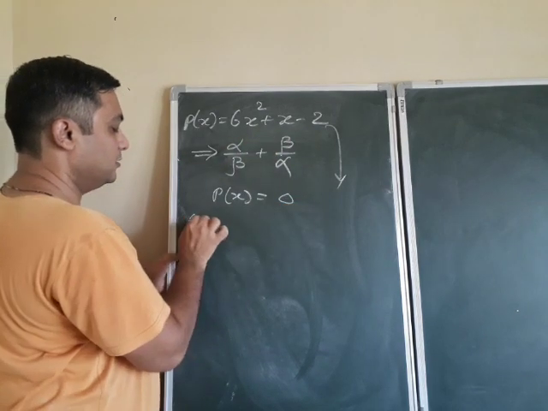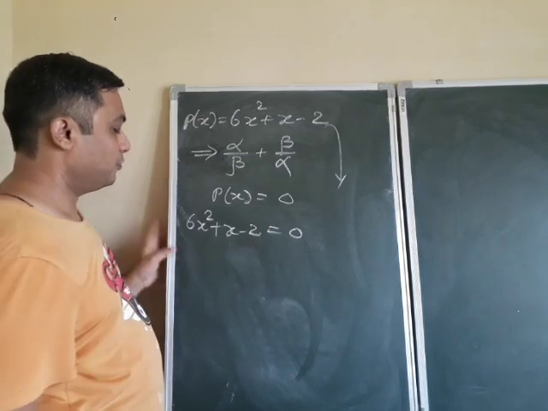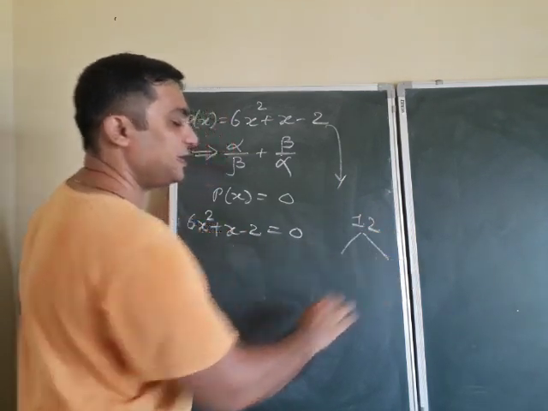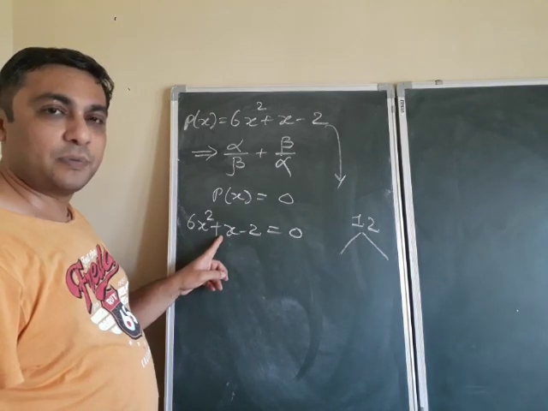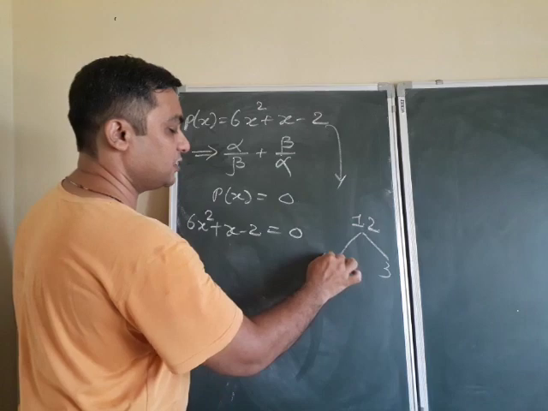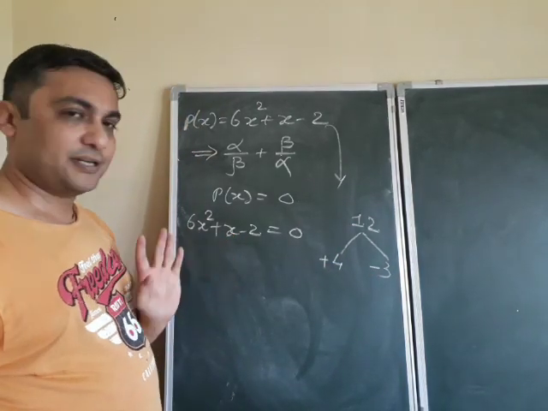So 6x square plus x minus 2 is equal to 0. Now 6 2s are 12. You do the factorization of 12 such that you will get plus 1. So 4 3s are 12, and plus 4 minus 3, 4 minus 3 is equal to 1. You will get it. Okay.